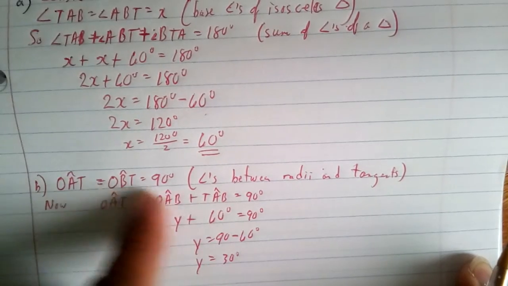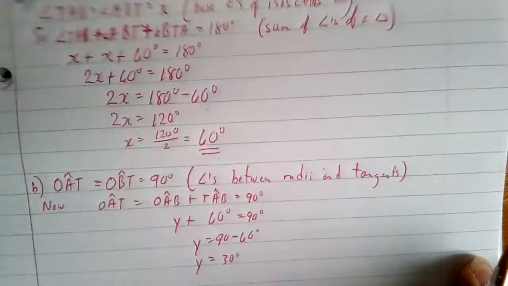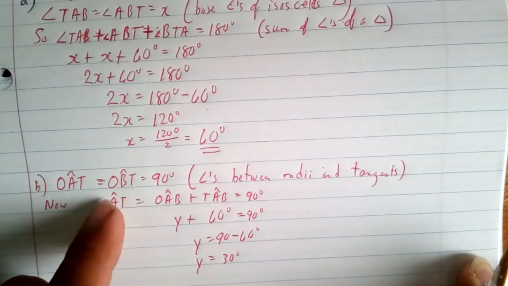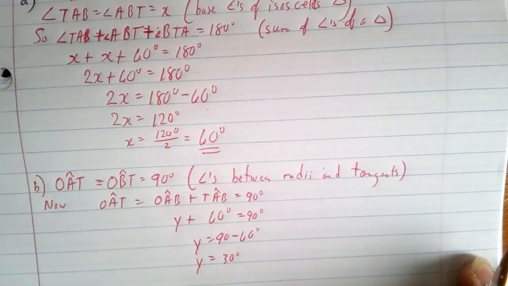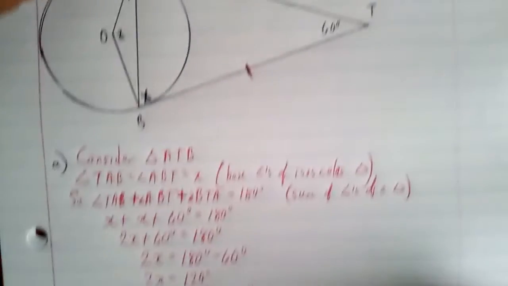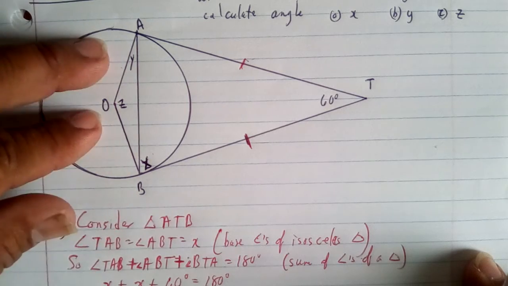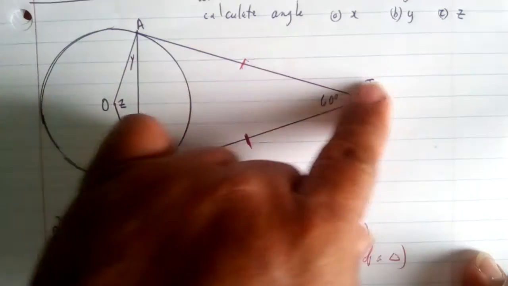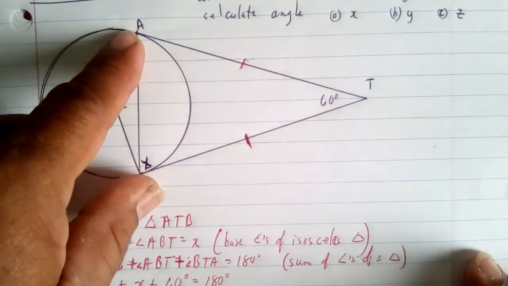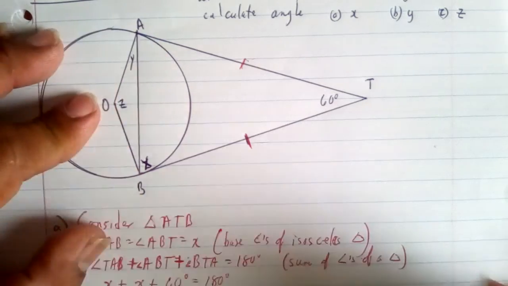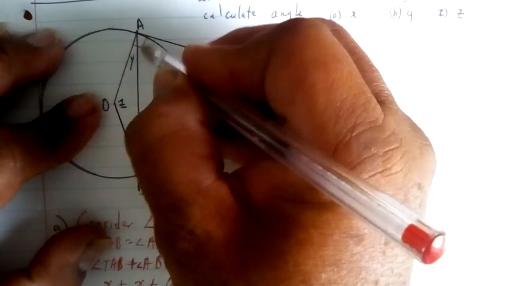Okay, basic substitution. So let's go over it again. We know that the angles must equal 90 degrees because these two here, OA and OB, are the radii of the same circle meeting the line, which is a tangent, at a contact point, so that's 90 degrees. So this must be 90 degrees here.